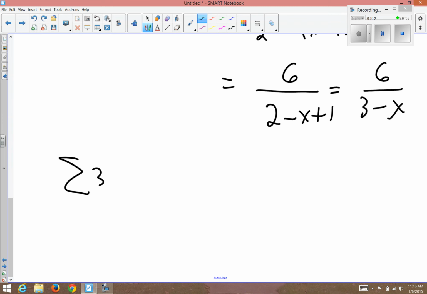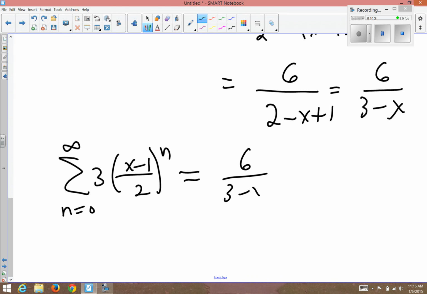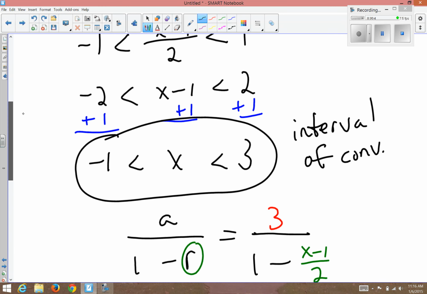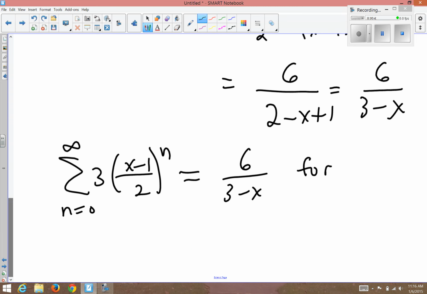Sigma 3 times (x minus 1 over 2) to the nth power, going from 0 to infinity, is exactly equal to 6 over 3 minus x for these values of x, negative 1 to 3. Negative 1 less than x less than 3.